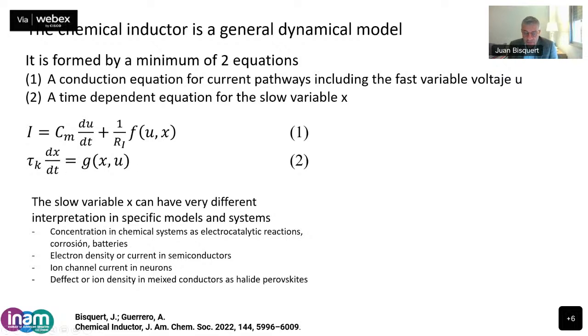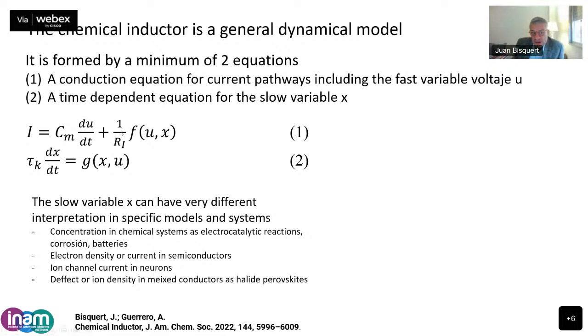Okay, so we have the two main variables of a conducting system, the current and the voltage. We have a capacitive current, and here we have the conduction current. But the conduction current depends not only on the external voltage, but also on an internal parameter X that can have many different interpretations, and this is universally valid because this structure is very common.